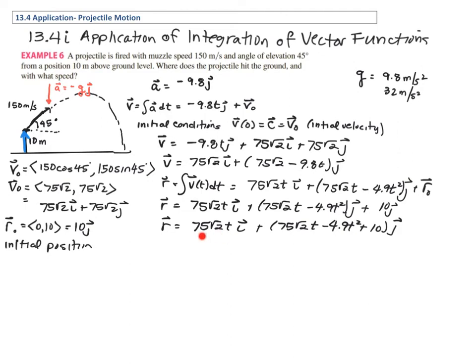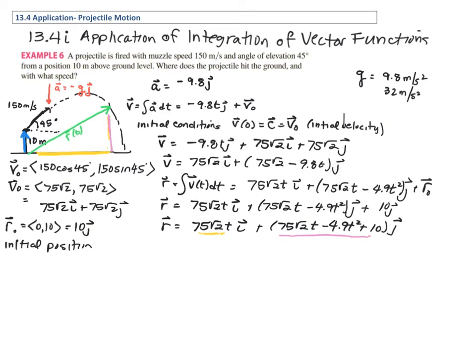So this is our position vector at any given time. Notice this i component would be our horizontal, and this is our vertical. So at some given time, R at some time would point to where we are. The x component would give me the horizontal component of that position, and the y component would give me the vertical.